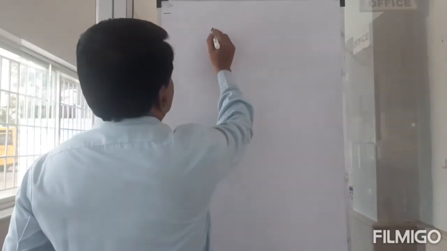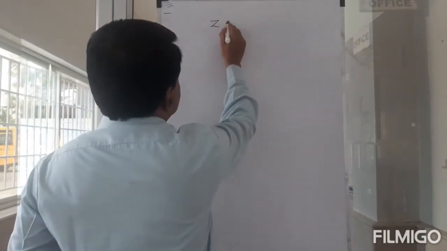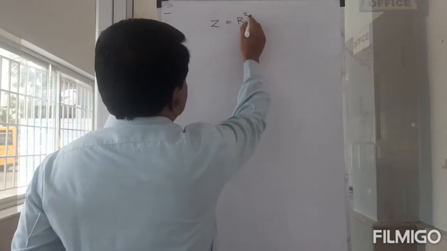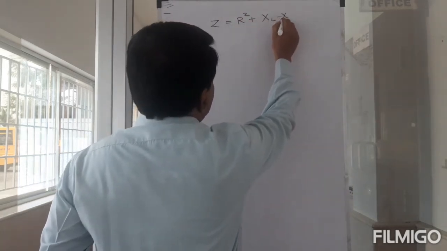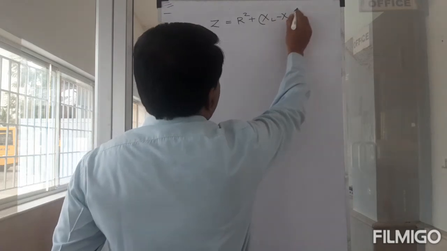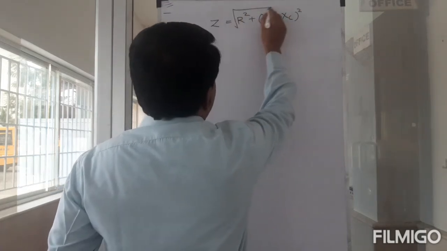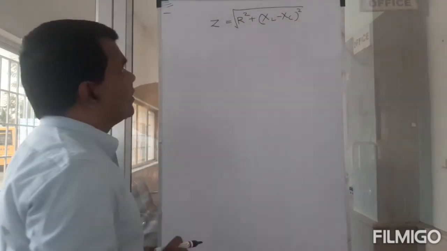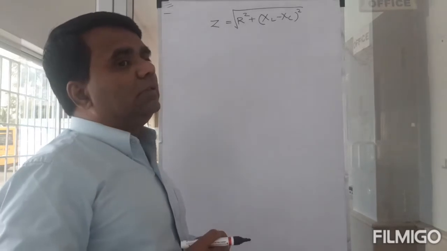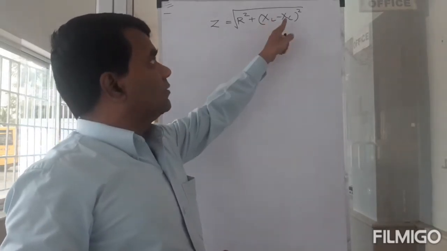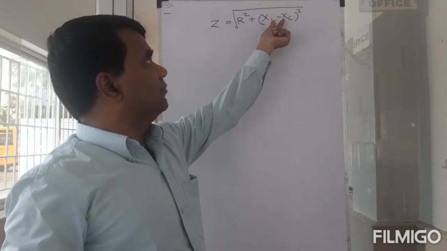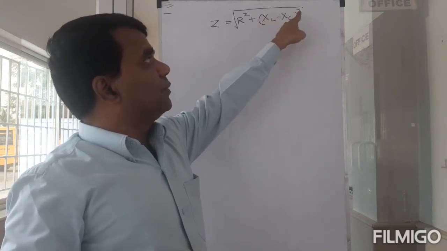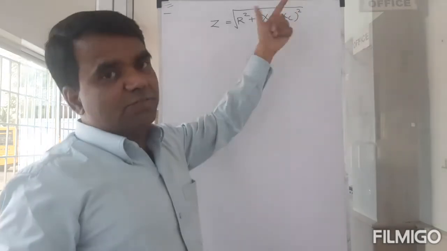The impedance is given by this equation. Z is equal to square root of R squared plus XL minus XC whole square. Okay. See, XL can be greater or XC can be greater. So the quantity within the bracket can either be a positive number or a negative number. But when you square it, that will become a positive number.